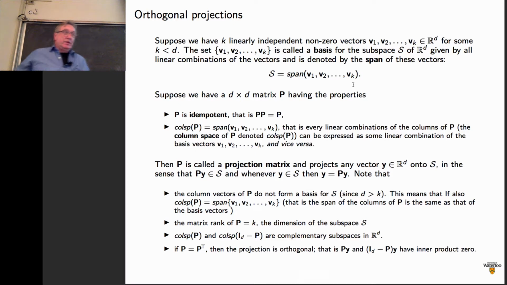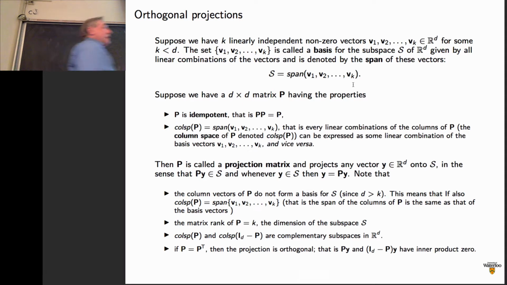That vector is still within the d-dimensional space. But in fact, by virtue of its construction, P times y is clearly a linear combination of the column vectors of P, just because that's how matrix-vector multiplication works, right? If it's a linear combination, then the vector that results from multiplying P times y lives in the column space, the span of the column vectors of P. Right?